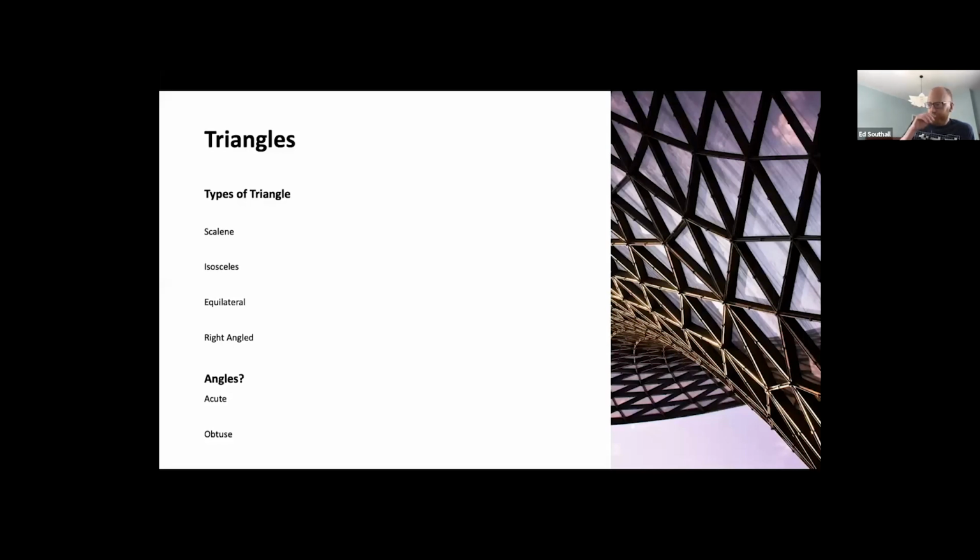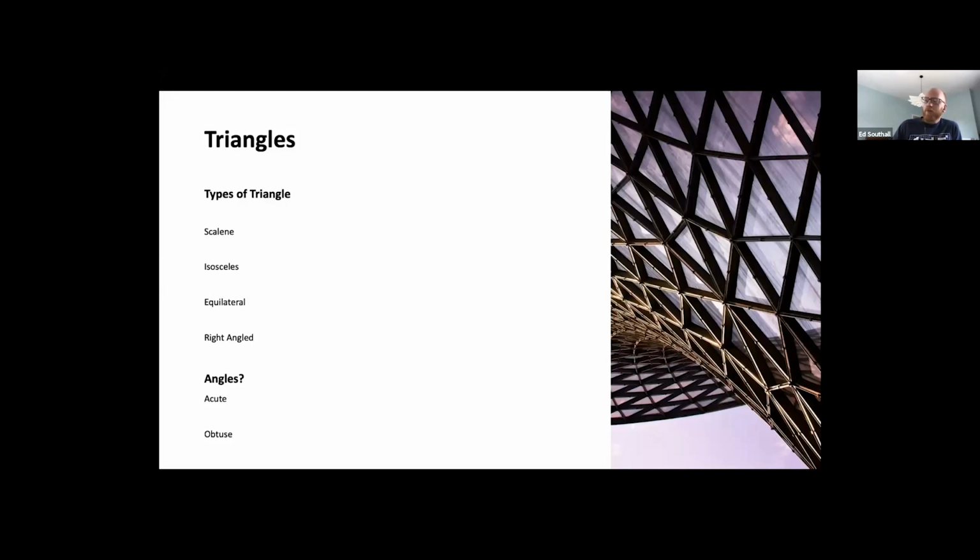Scalene's a bit weirder. We have skelenos, which is a really odd word that means stirring up the ground to make it uneven. So a scalene triangle just means an uneven triangle, but it comes from the word skelenos, which is used more often to describe churning up the ground. All right then.